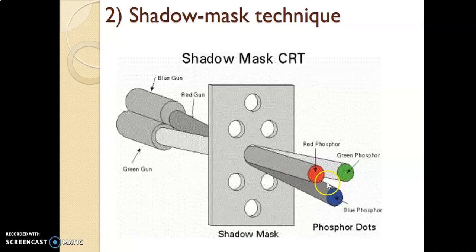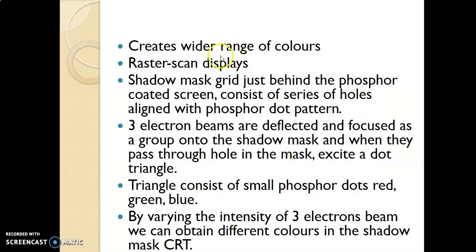You can see these electrons pass through the holes of the shadow mask and hit the screen. How it works: it creates a wider range of colors. It has red, blue and green and the combinations of these three colors, so it is wider than the beam penetration technique. It is mostly used with raster scan displays.